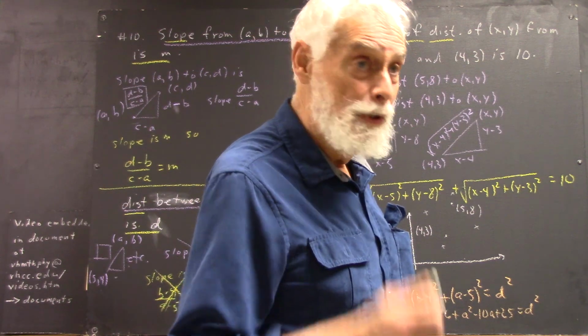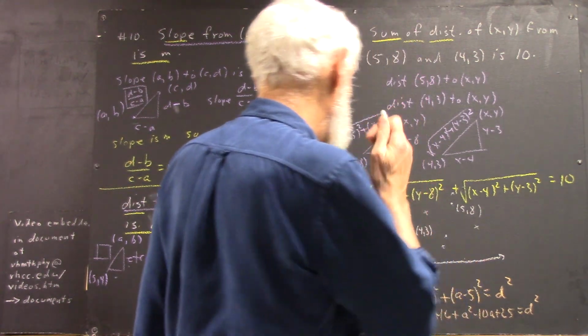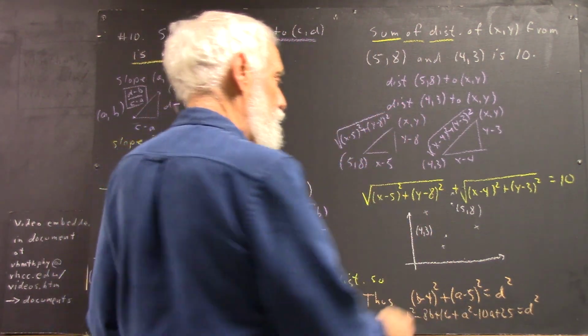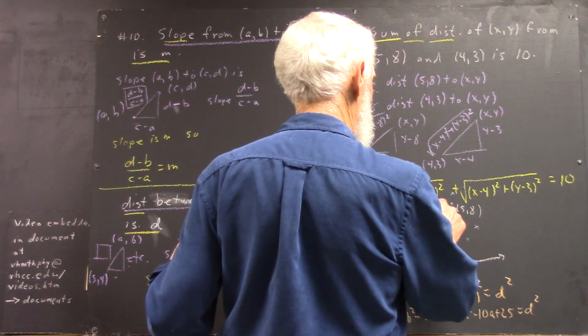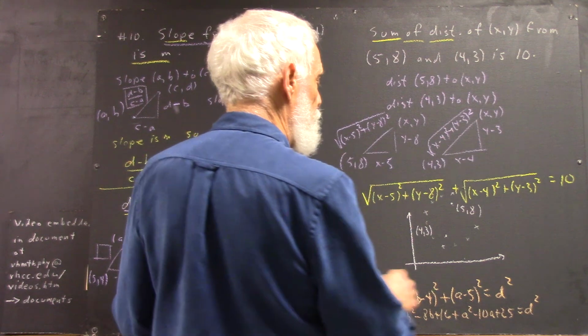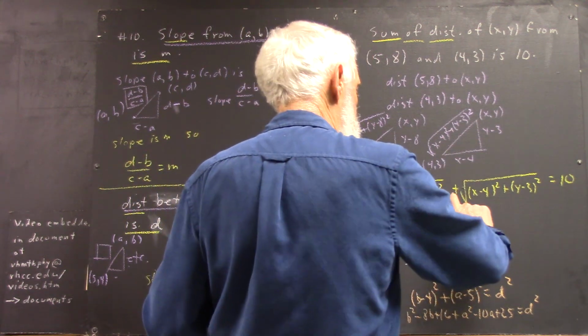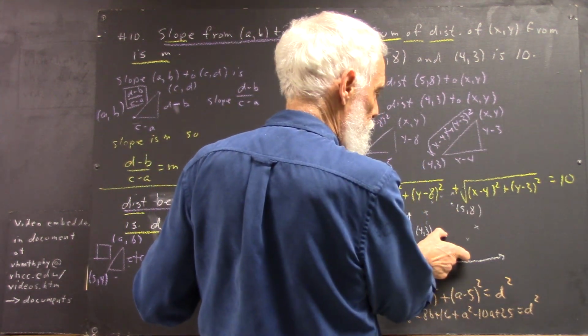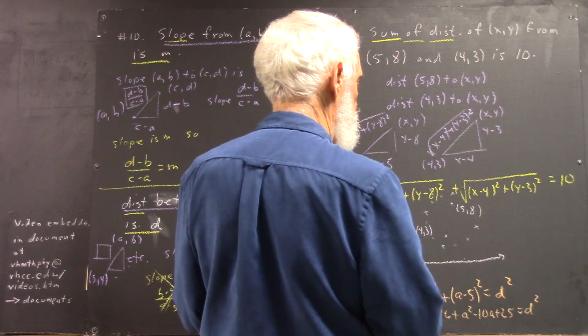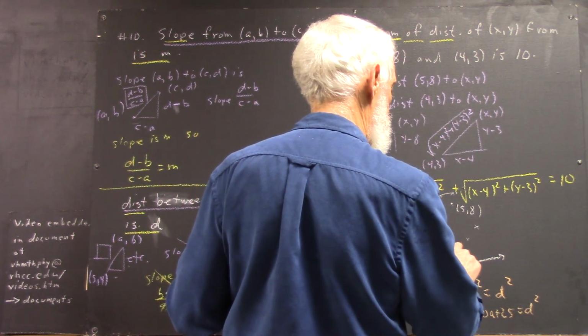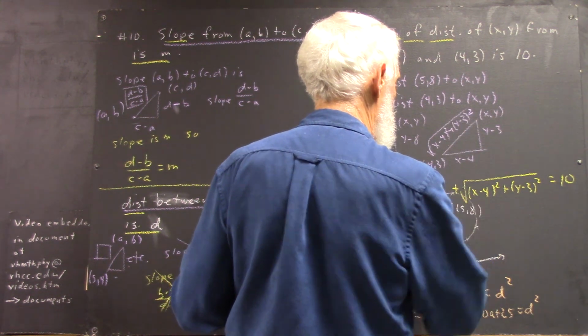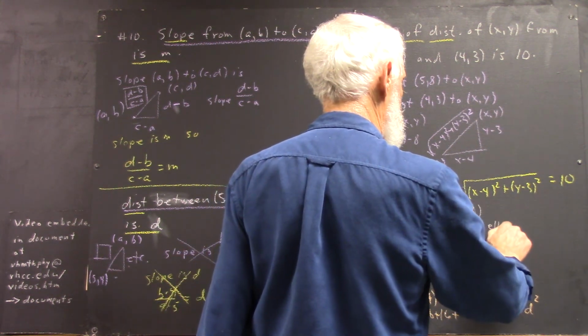Okay? Well, it turns out that if I do all the points, because I'll have points here and here and here and here and here and here, if I add the distance of each point from here to here to the distance from here to here, it's going to come out the same. It's going to give me an ellipse.